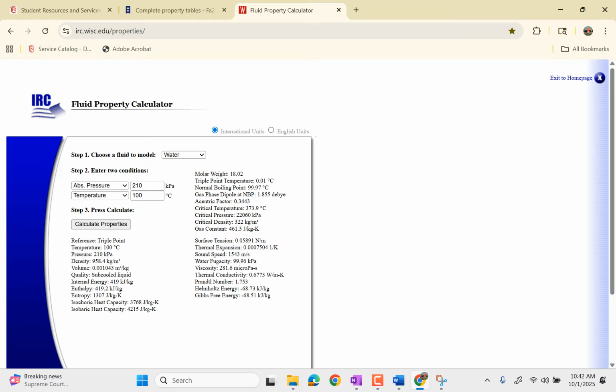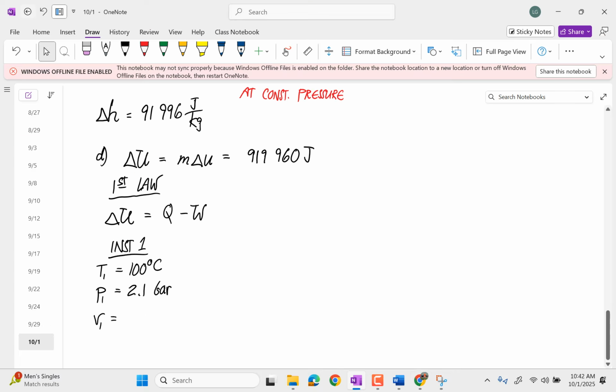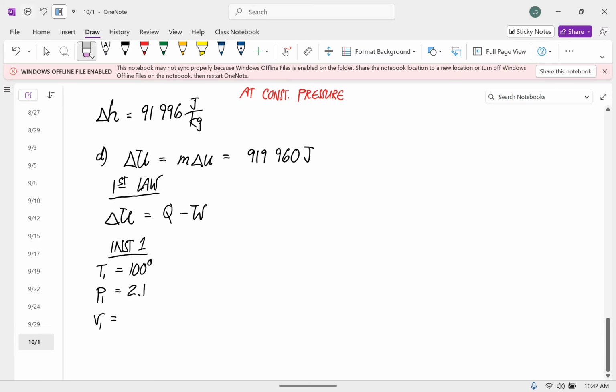This is a liquid. So we're going to assume that the specific volume is constant. So we could use the temperature changes to find that small effect. But let's instead just say this is a liquid. Okay, so let me erase this.